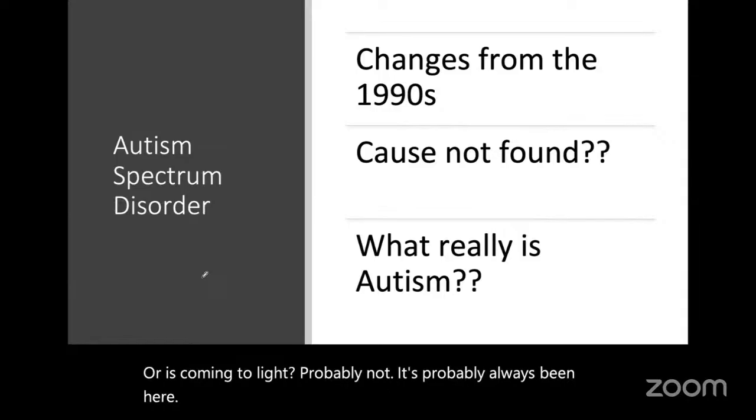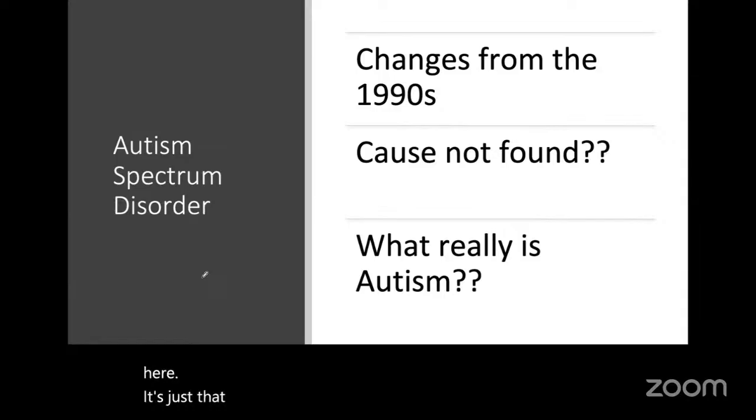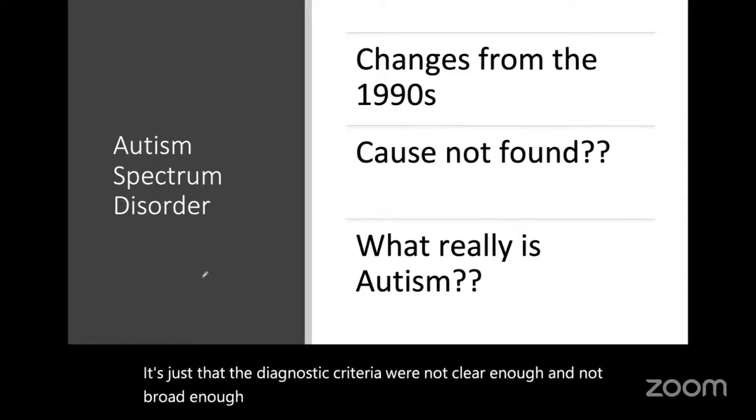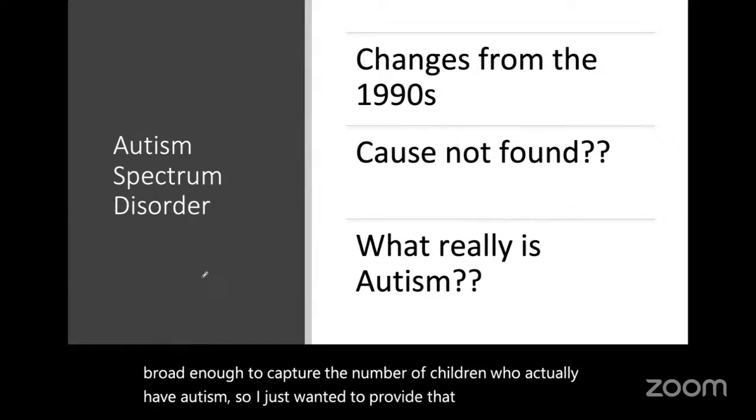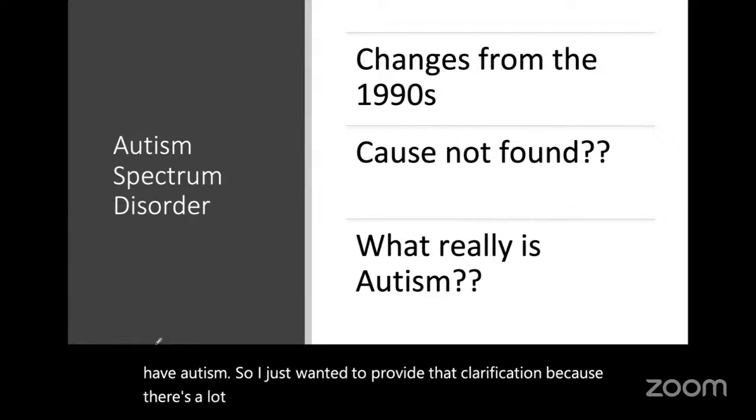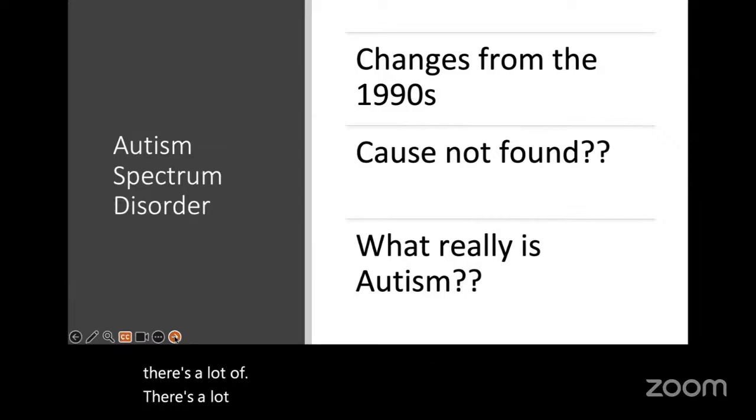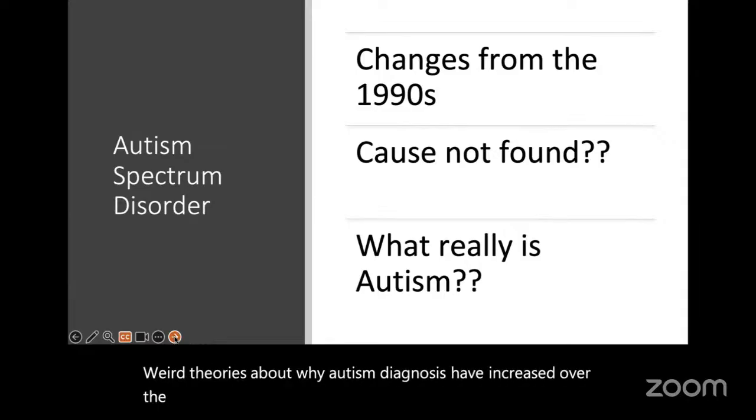It's just that the diagnostic criteria were not clear enough and not broad enough to capture the number of children who actually have autism. So I just wanted to provide that clarification because there's a lot of weird theories about why autism diagnoses have increased over the last several decades.